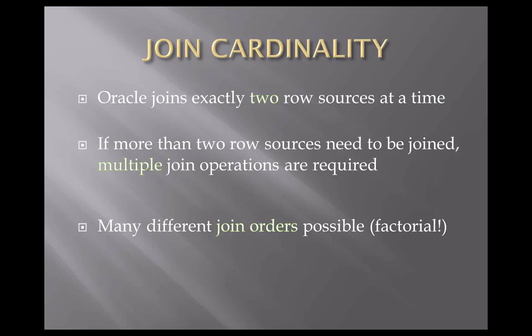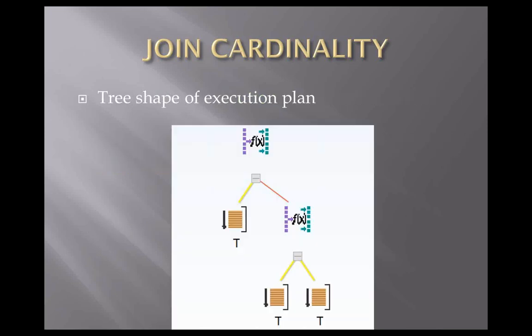So if you have to join more than 2 row sources or more than 2 tables, then multiple join operations will be required. And the first problem here is that you can end up with a multitude of possible join orders, and therefore this makes the already non-trivial task of finding the most efficient join order even harder, if I have so many different possibilities to combine the different tables.